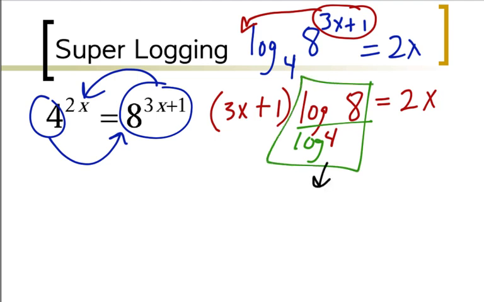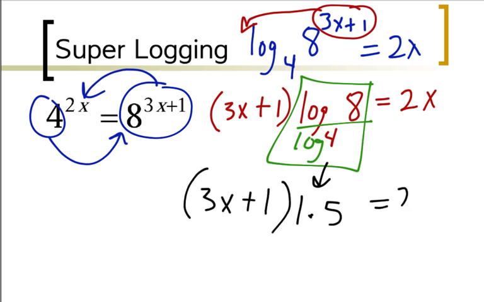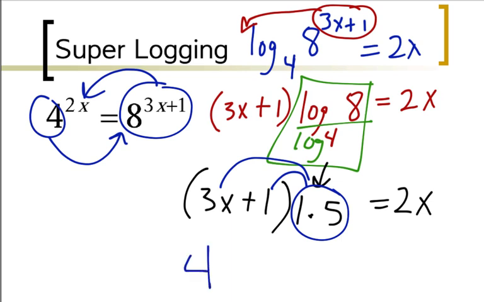And this turns into 1.5. And that's times my 3x plus 1 and equal to my 2x. So now I just need to take my 1.5 and distribute in here, and if I times that by 3x, it'll give me 4.5x plus 1.5 times 1 is just 1.5 equals 2x.